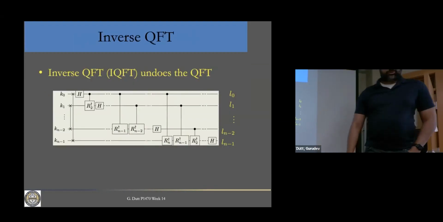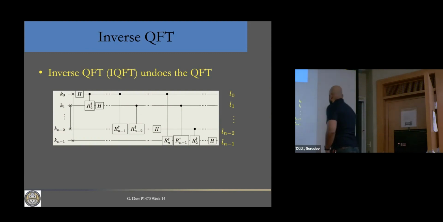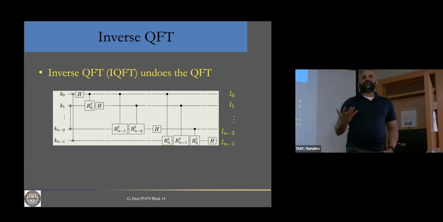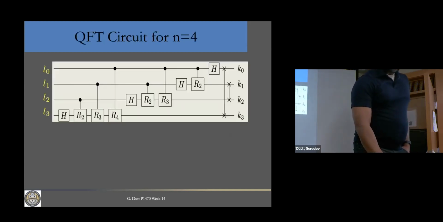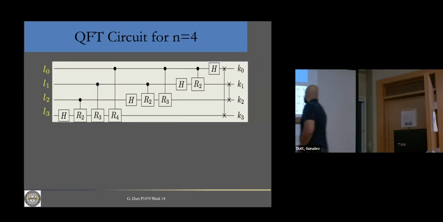Okay, so then there's one more circuit that you should know, which is called the inverse QFT or IQFT, which undoes the QFT. And of course, if QFT is a unitary matrix, QFT dagger is thus the conjugate transpose of that. Since QFT itself was made up of these gates, all we have to do is reverse the order of the gates and take their dagger.